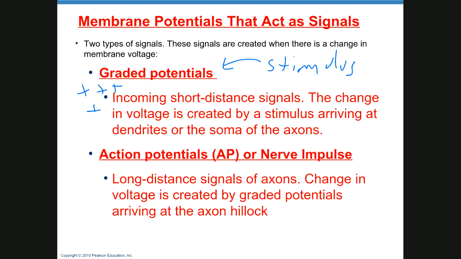A change in voltage follows, and that change in voltage is called the graded potential. An action potential, on the other hand, is a long-distance signal, a long-distance change of charges that happens along the axon of the neuron.